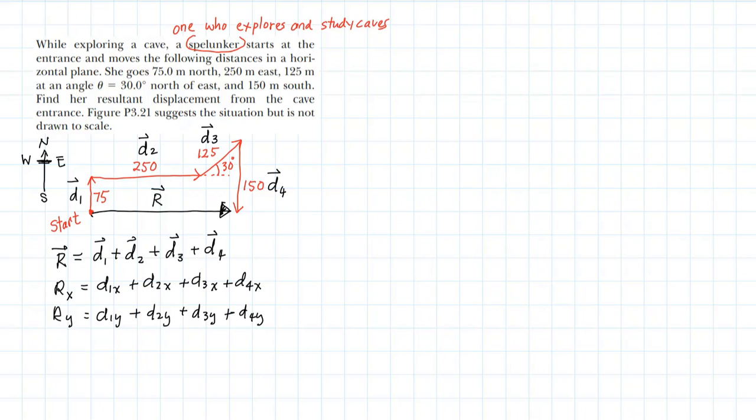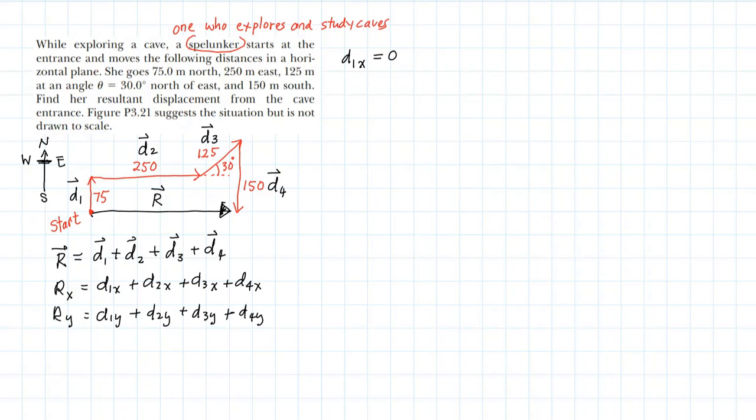Like this. The x component of the resultant vector Rx is the sum of the x components of D1, D2, D3 and D4. Likewise for Ry, D1y plus D2y, D3y and D4y. So what is the x component of D1?